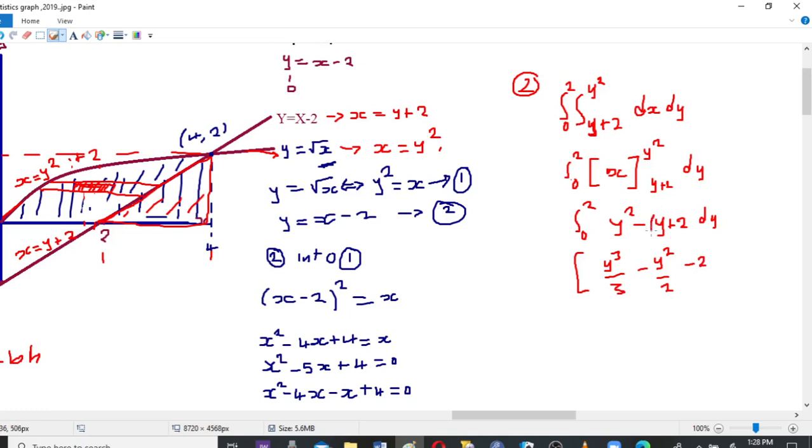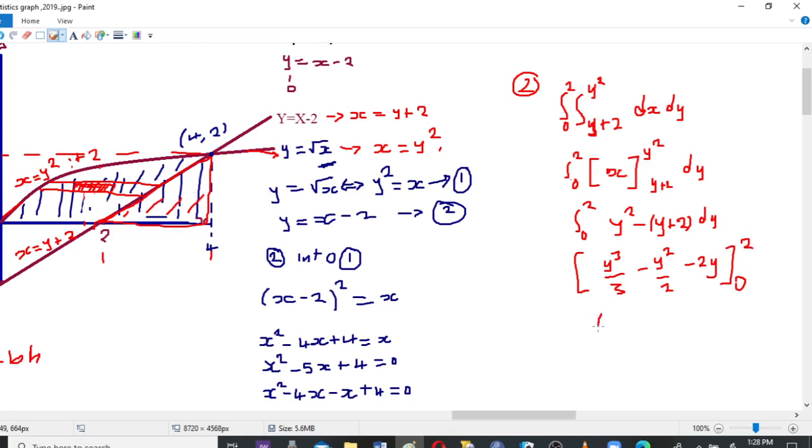Remember this has to be put in brackets, so we are multiplying the negative by everything inside the brackets. That will give us a negative 2y. Now the limits are from 0 to 2.